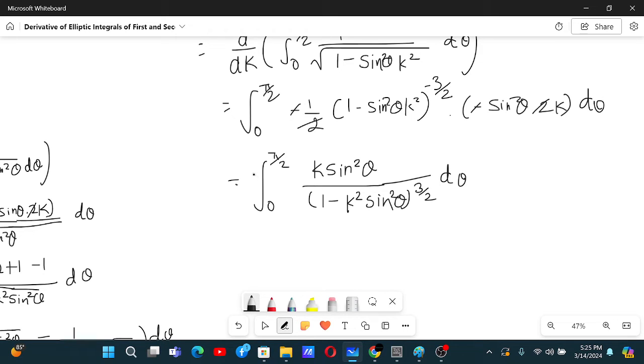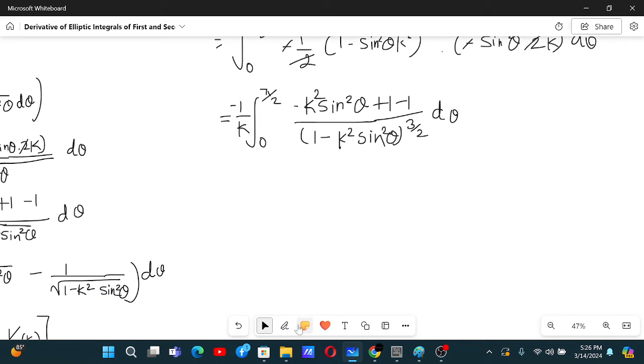Now if we take 1 by k common, we can make it k square sine square theta. Also if we make it as minus 1, then we do the plus 1 minus 1 to replicate this function.